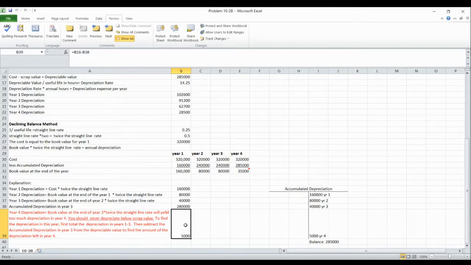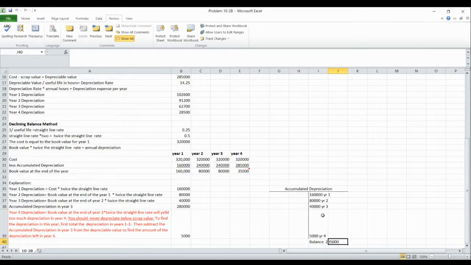Again, we could only depreciate $5,000 in year four, because if we took more than that for our depreciation, we would go below the scrap value. So at the end of the fourth year, we would debit depreciation expense and credit accumulated depreciation. Notice that we did this in the T account for depreciation.